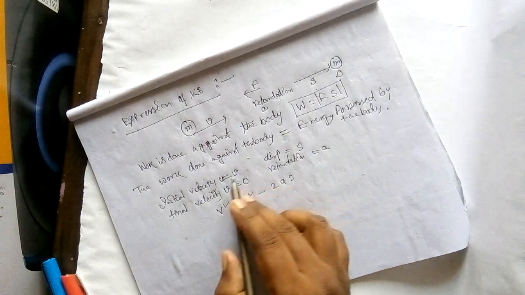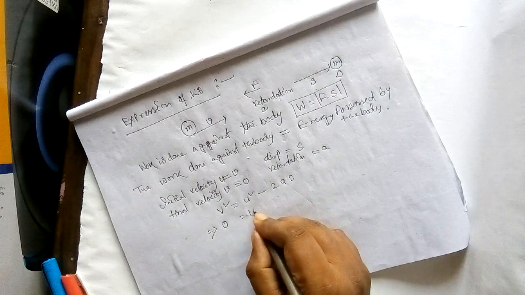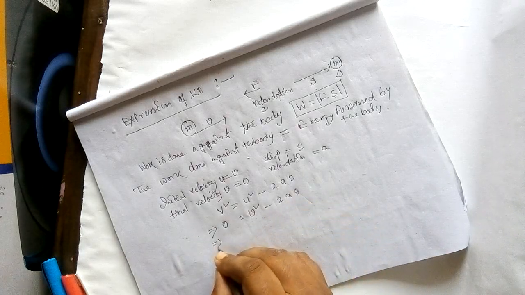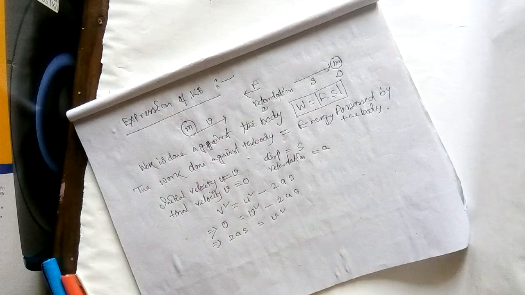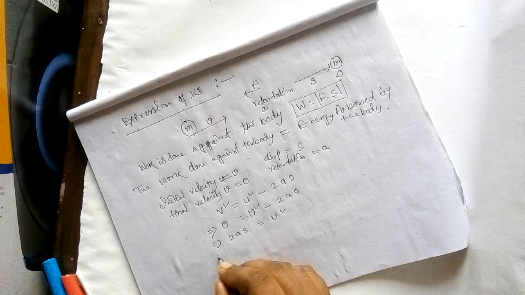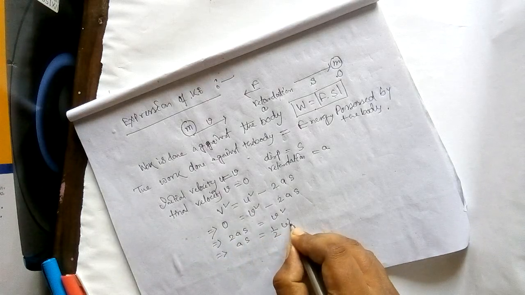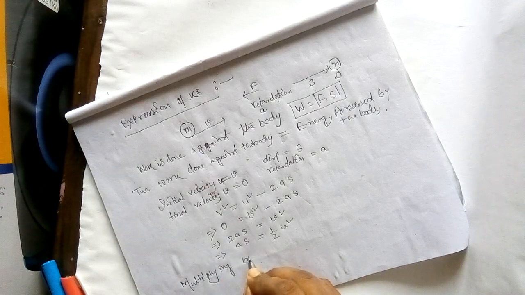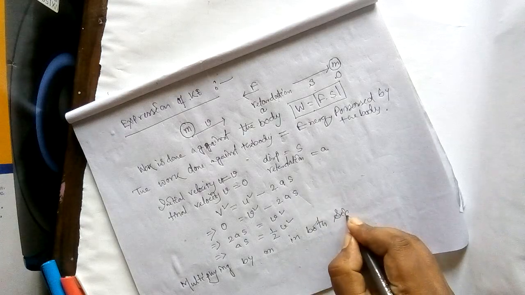If I put in the given values, v squared is 0, u squared is small v squared, minus 2 into a into s, so 2 into a into s equals small v squared. Now a into s is equal to half of v squared. Now we multiply by m on both sides. m is the mass of the body.